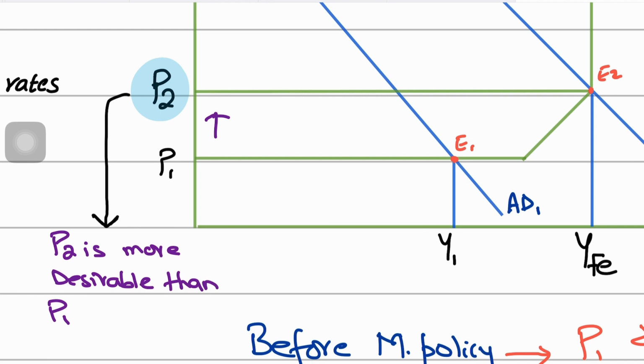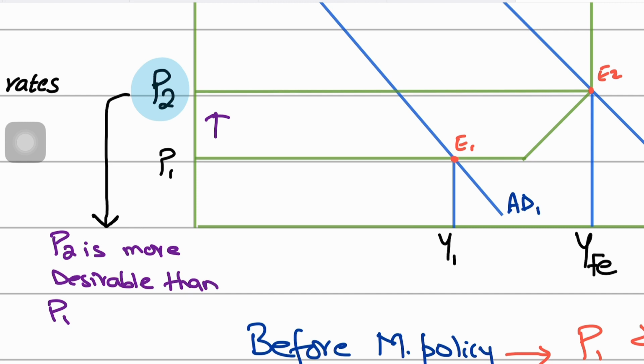P1 was showing that an economy was deflating itself, that is bad deflation, while P2 shows inflation that is desirable, because the economy reaches its potential GDP and exhausts all its capacity. So it is where the economy should ideally be in the long run, at YFE.